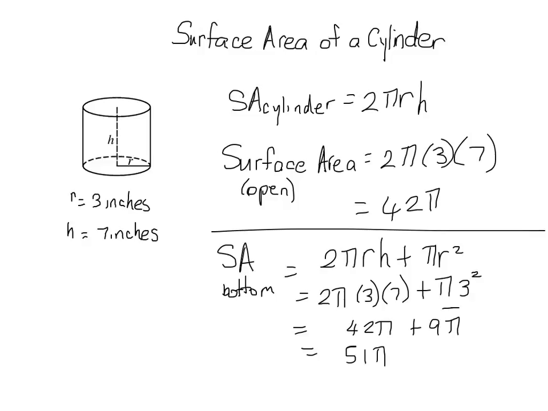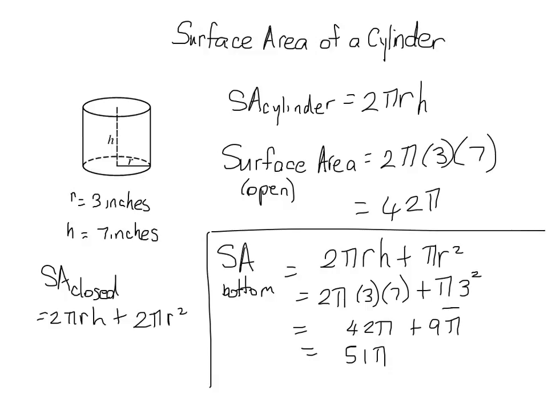Now, our third case scenario is if it has a top and a bottom, like a closed can. So if it has a top and a bottom, there is a circle on the top and the bottom. There are 2 circles attached to our cylinder. So the surface area of the completely closed cylinder would be equal to 2 pi rh plus 2 circles, which is 2 pi r squared.